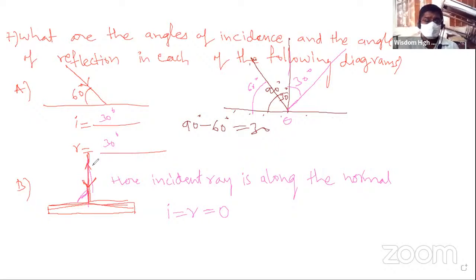How can we represent the normal here? The normal coincides with the incident ray. So the angle of incidence equals 0, then the angle of reflection is also 0. It retraces the same path. That's why angle of incidence equals angle of reflection.